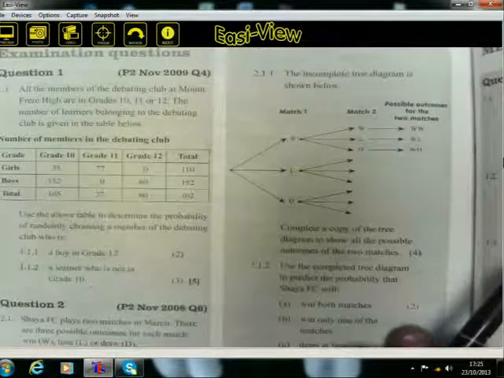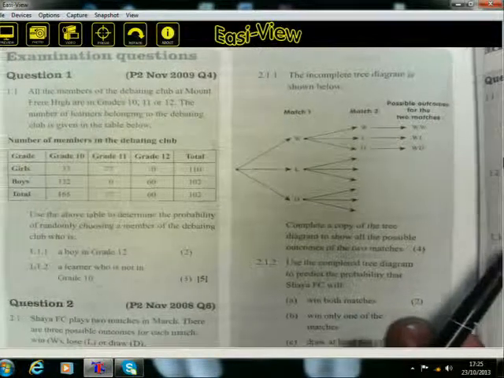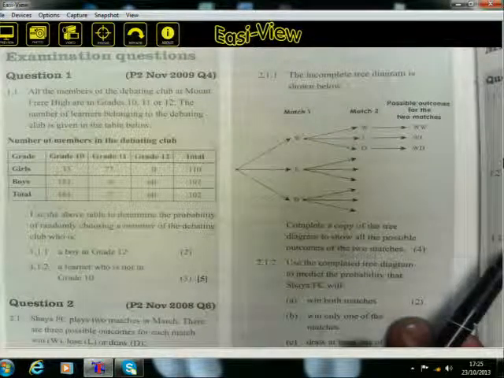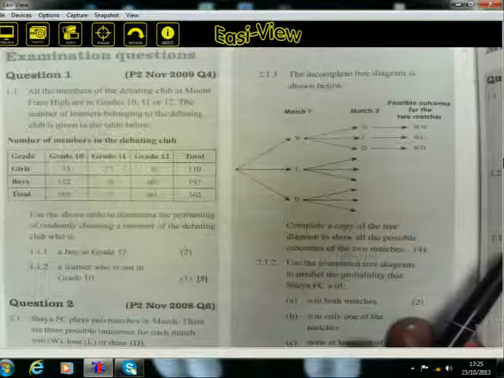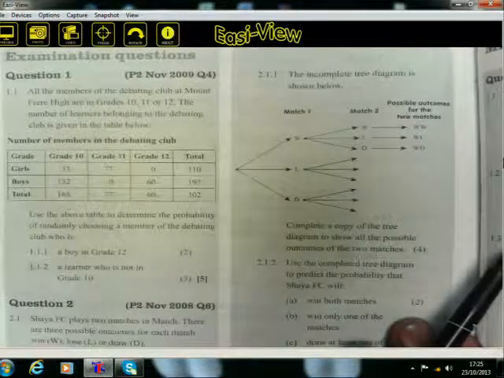It says, all the members of the debating club at Mount Free High School are in grade 10, 11, or 12. The numbers of learners belonging to the debating club are given.